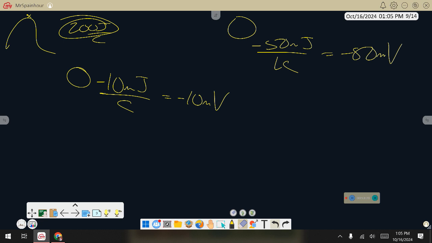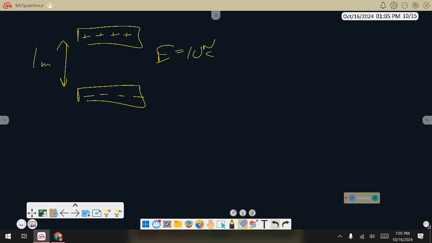If I go here, okay, and I have an electric field of 10 newtons per coulomb, and the separation between these sides is 1 meter. Potential is equal to negative ED, where the distance is measured from where?